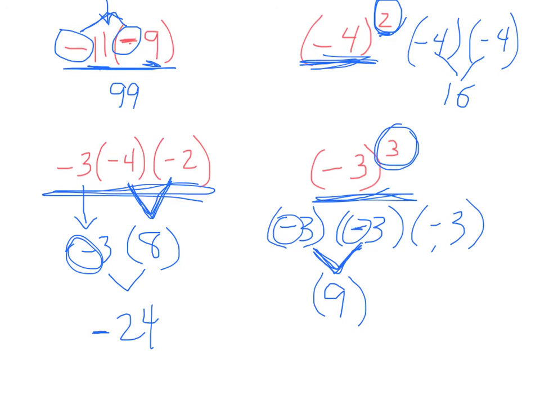Now I need to multiply it by negative 3. 9 times 3 is 27. I have one negative there, and 9 is positive. So I multiply one negative, one positive. It's going to be negative.